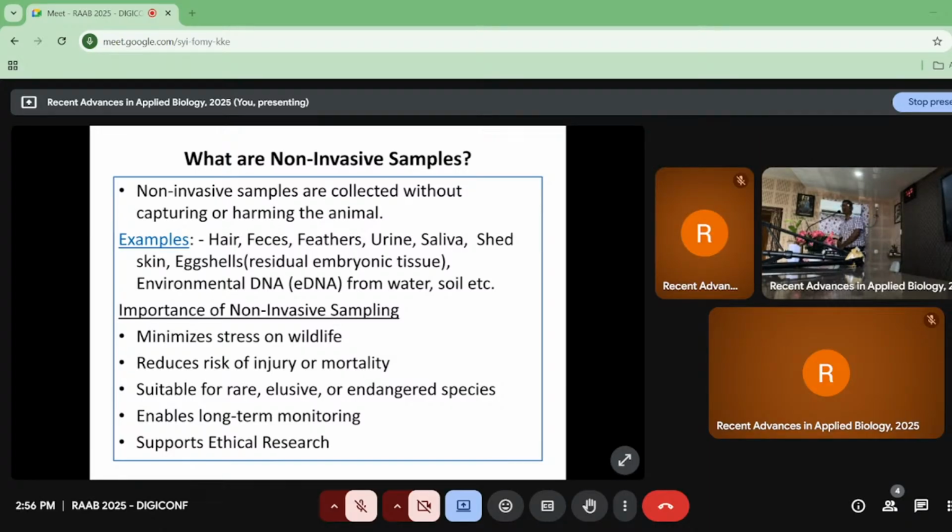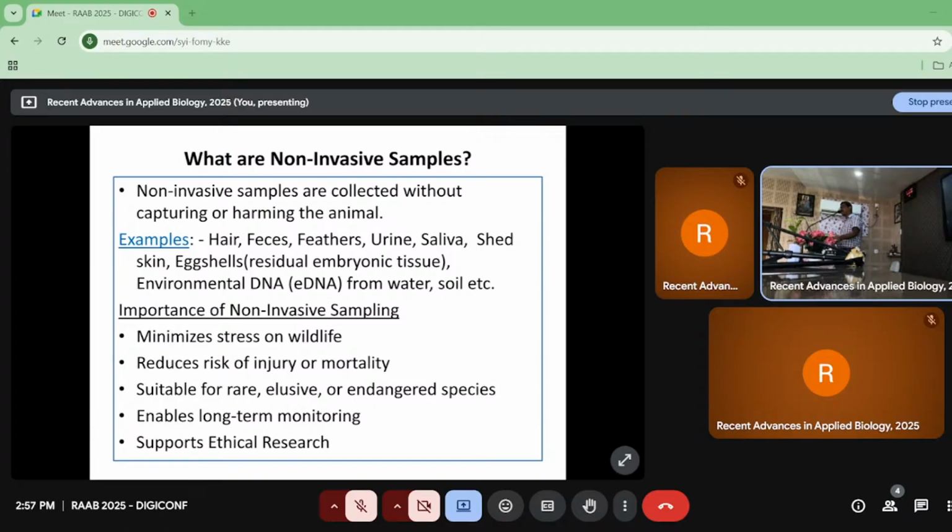So these non-invasive samples are collected, and the importance of non-invasive sampling is that it minimizes stress on wildlife. There is no effect on wildlife while collecting the samples. Second, it reduces the risk of injury or mortality, as the samples are collected from the environment. The third one is it's suitable for rare, elusive, or endangered species.